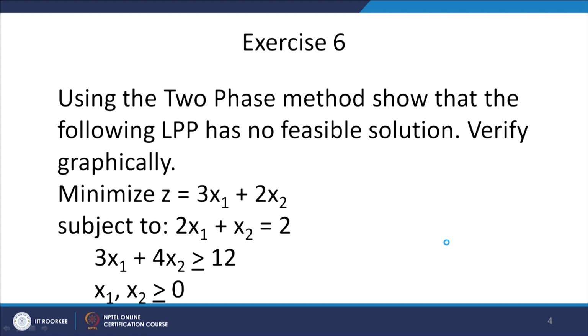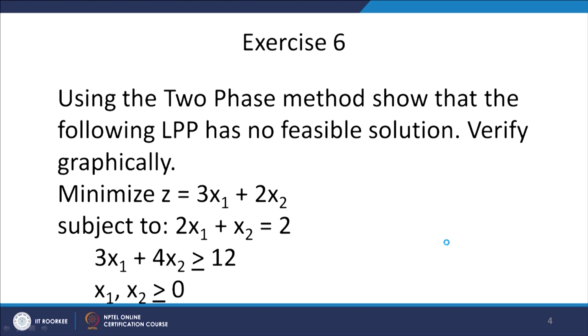The problem is minimize 3x1 plus 2x2 subject to the condition 2x1 plus x2 is equal to 2, 3x1 plus 4x2 is greater than or equal to 12, x1 and x2 are greater than or equal to 0.